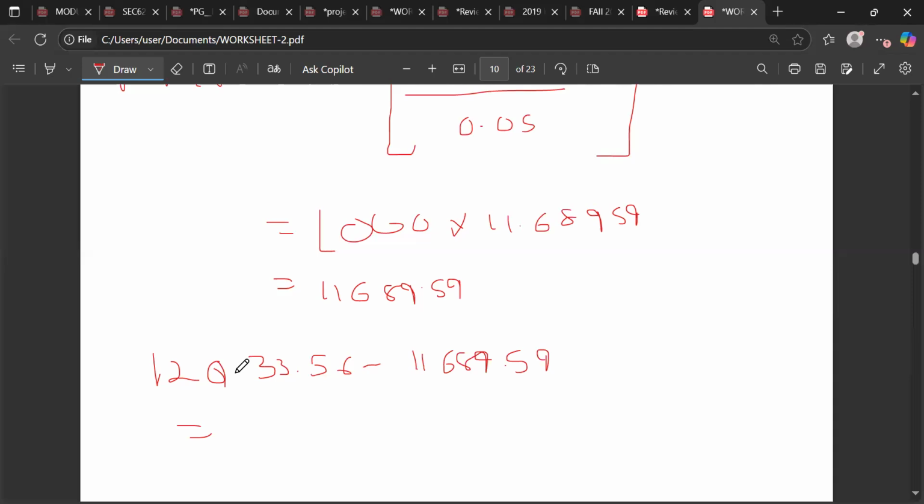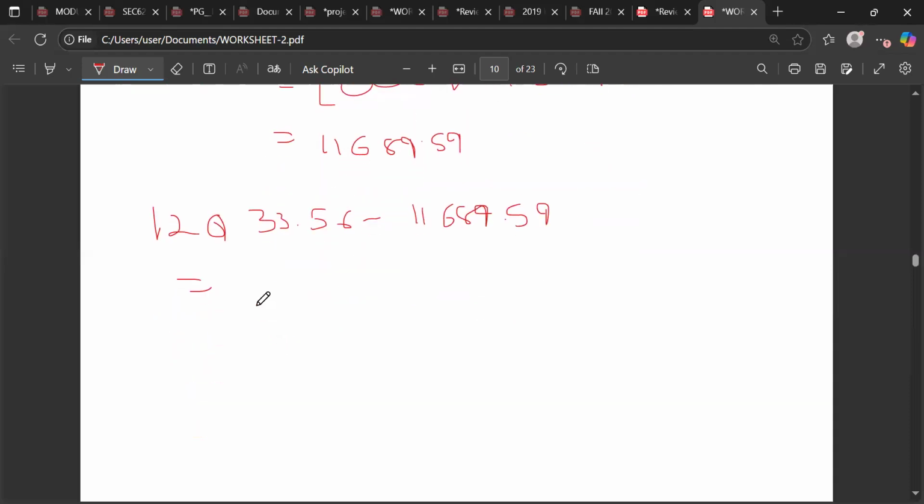So saying 12,033.56 minus this will give us a difference of 343.97. 343.97 is the amount this is reducing by.